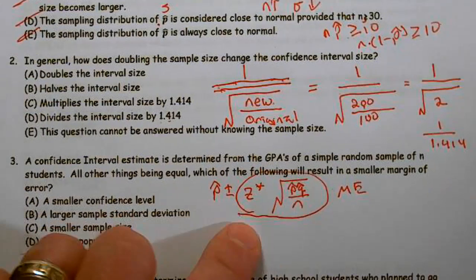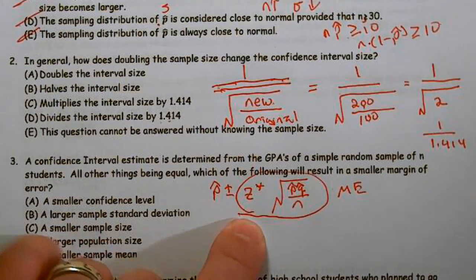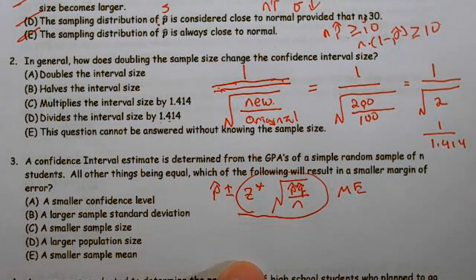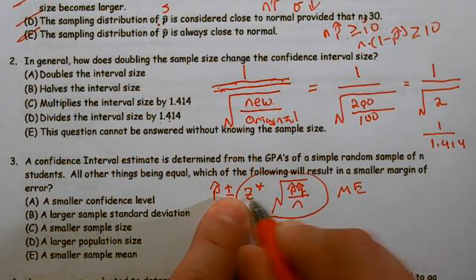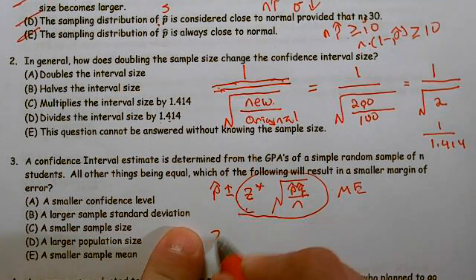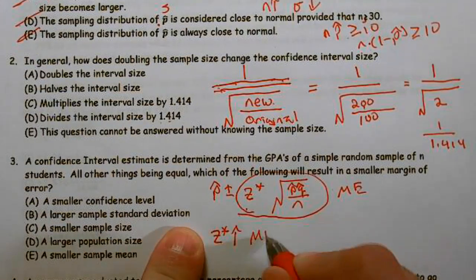All right, so I need to pay attention to the things that I'm multiplying and the things that I'm dividing. As z star goes up, I'm multiplying by z star, so my margin of error goes up.